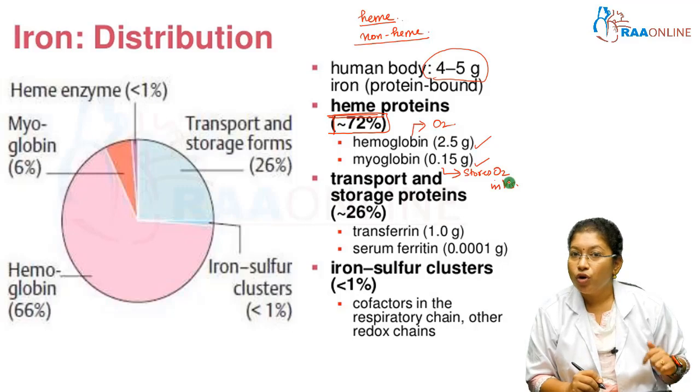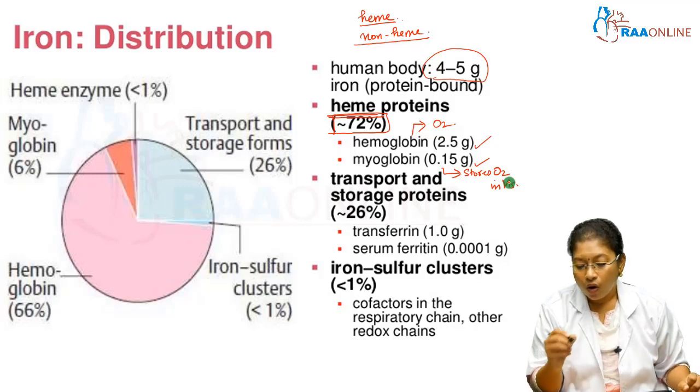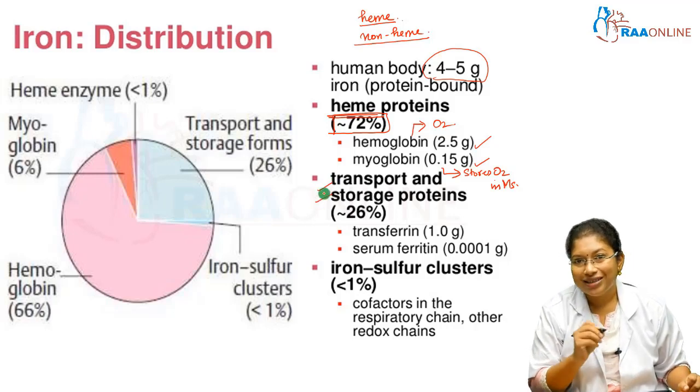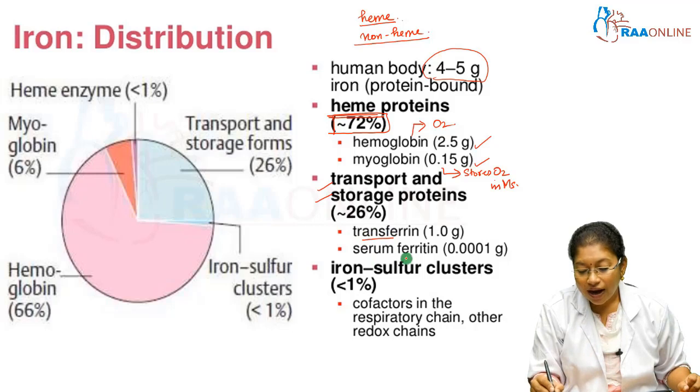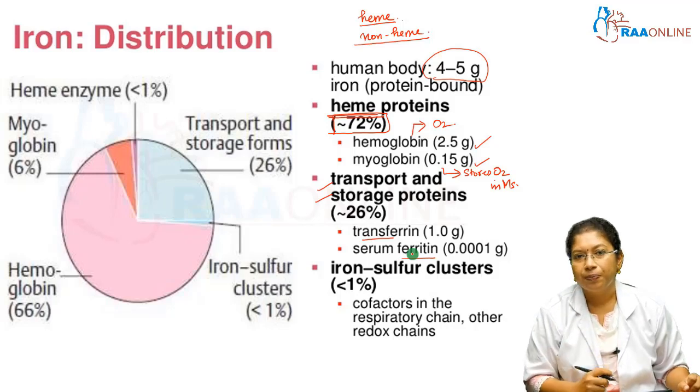Whereas non-heme iron containing proteins are transport and storage proteins. For example, transferrin and ferritin. Transferrin is a protein which transports iron in the plasma, whereas ferritin is a protein which stores iron in the cells.